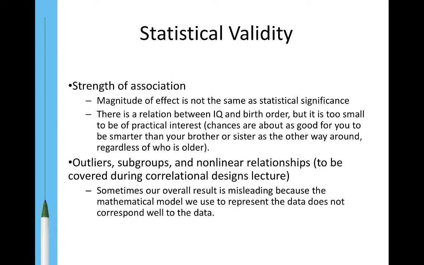The second part has to do with the strength of association, or magnitude of effect. So how big is the effect? If you've got a stop smoking program, it could be really effective, so that 90% of the people in the training group or the therapy group quit smoking for the next year, versus 10% in the control group.